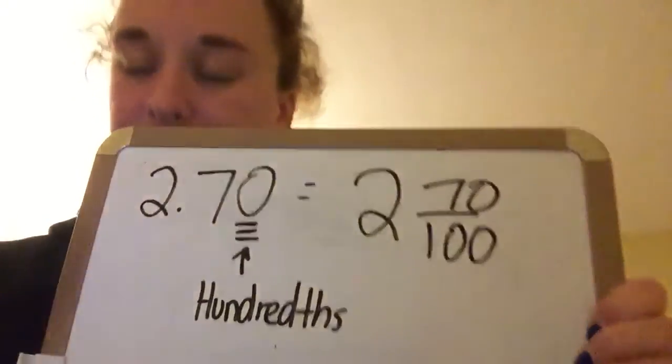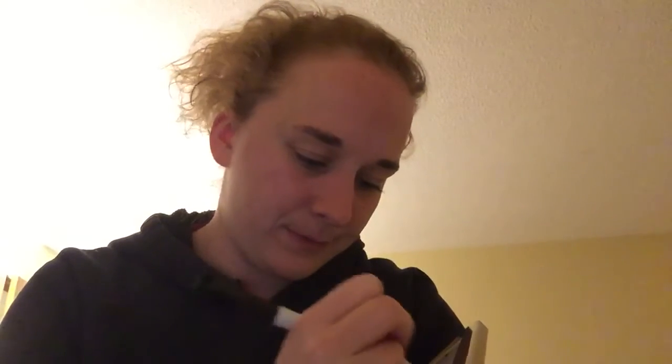Okay? I'm going to do one more example, and this one can be tricky, so make sure you pay close attention. Sometimes when we are looking at decimals, it might look like this, and this, as you might remember, can be a trick question.